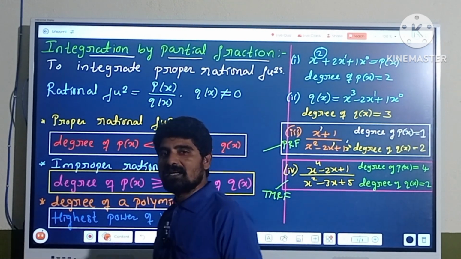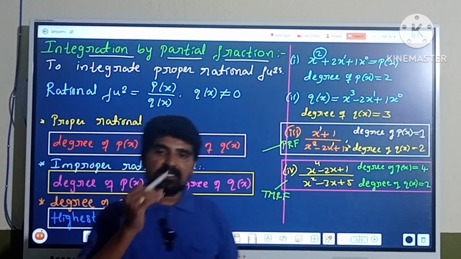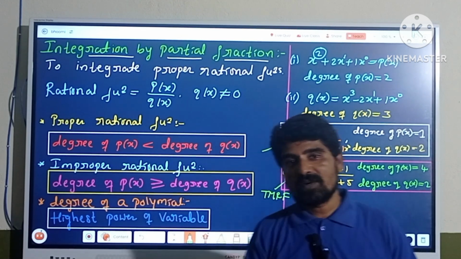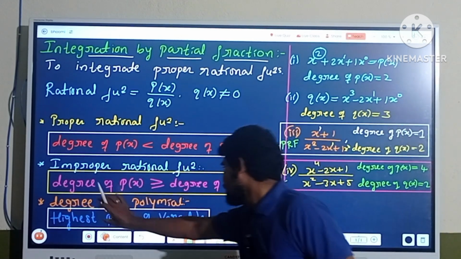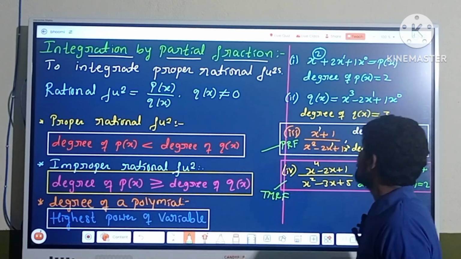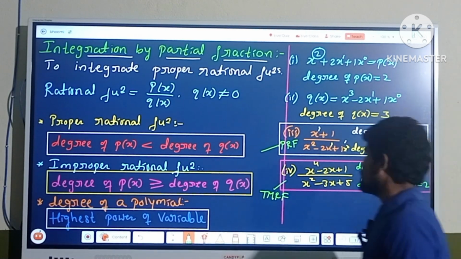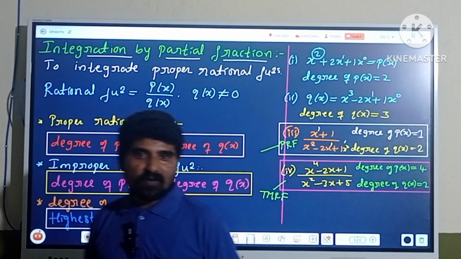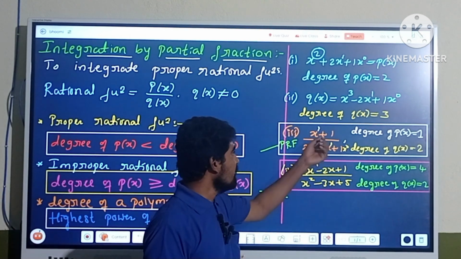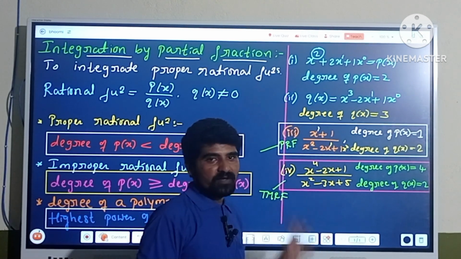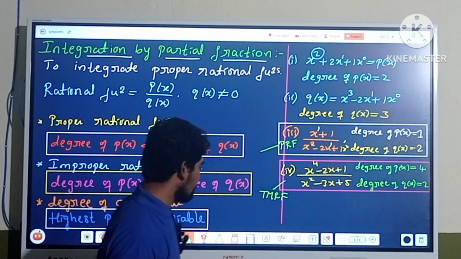As you know, the degree of a polynomial means the highest power of the variable involved in the polynomial. We will work through some examples to identify the degree of a polynomial and to identify whether a given rational function is proper or improper.